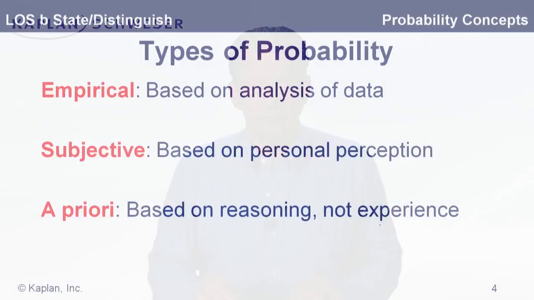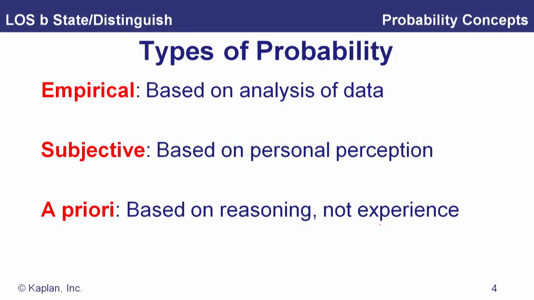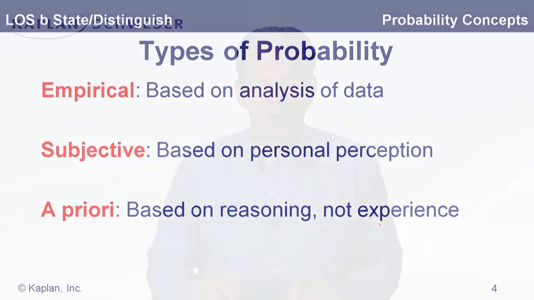If you see some data being used, and some calculations being made, then that's empirical. Subjective is just based on your personal perception. Maybe you've flipped a coin a number of times and you go, well, I think it's about 50% heads and 50% tails. So there's no actual analysis and counting, but there is some experience involved.